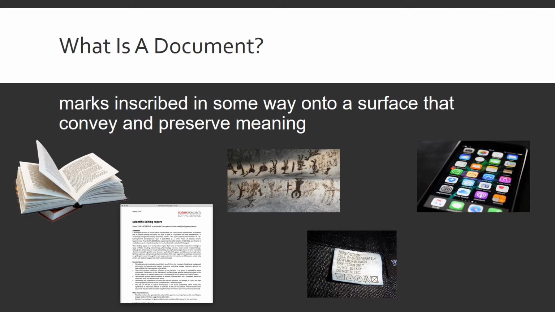The people producing those sites are trying to convey meaning to us. Now, the preservation gets a little tricky because things can change over time. It's much easier to change things in electronic media and forms. Mostly in this class, we're going to be focusing on creating print documents, but much of what we're going to be learning can also be applied to the creation of documents for various electronic or digital mediums.